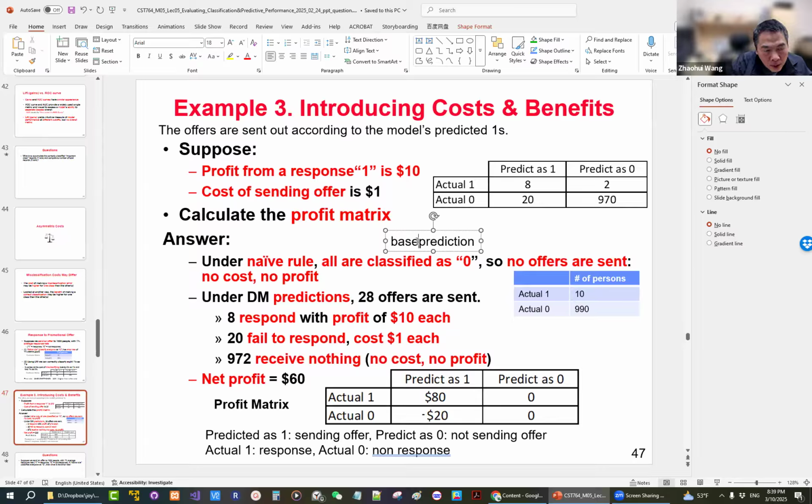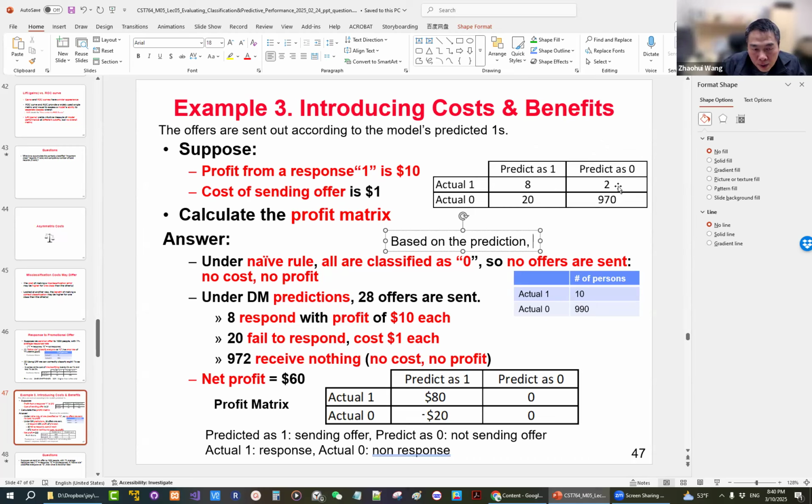So all this is based on the prediction. And based on prediction, you will apply the activity, send out the offer or not. If we predict 1, we'll send out the offer. If we predict 0, we will not send out the offer.